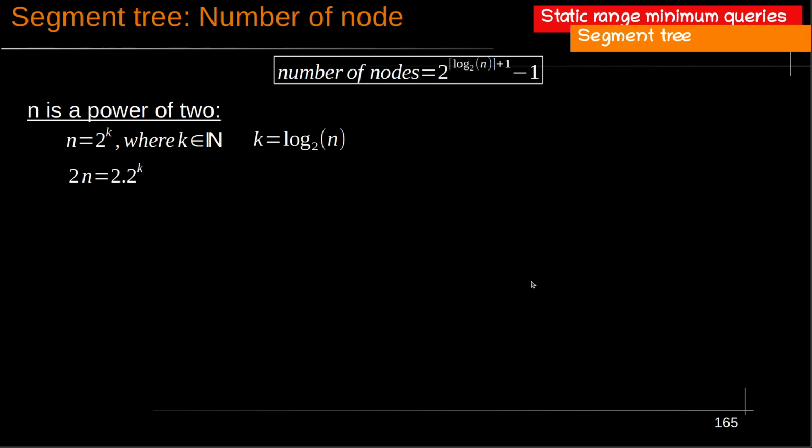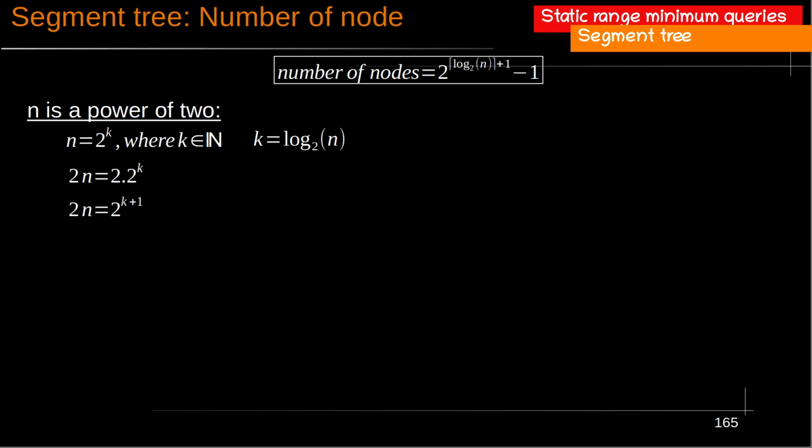Okay. Now, if we write n is equal to 2 power k, we can say that 2 times n is equal to 2 times 2 power k, multiplied by 2 on each side. So, using the power properties, I can write 2 times 2 power k is equal to 2 power k plus 1.